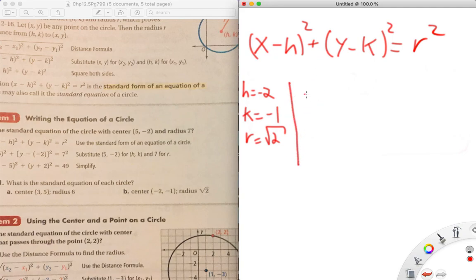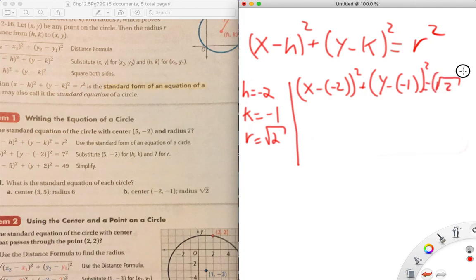So when we do this, it's going to be (x minus -2) squared plus (y minus -1) squared equals the square root of 2, and that's also squared.